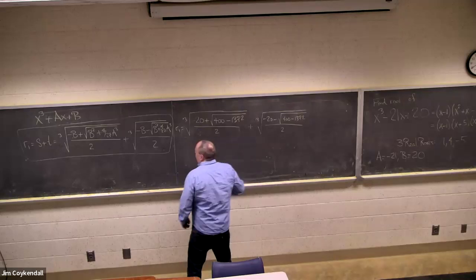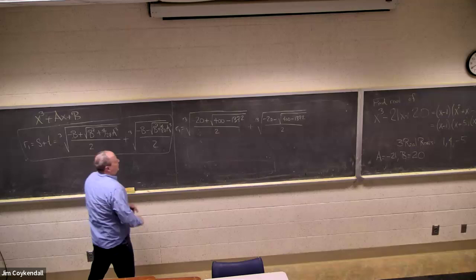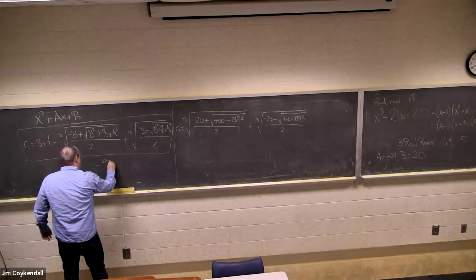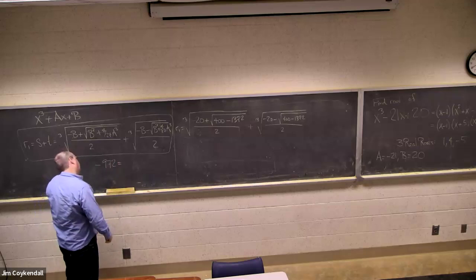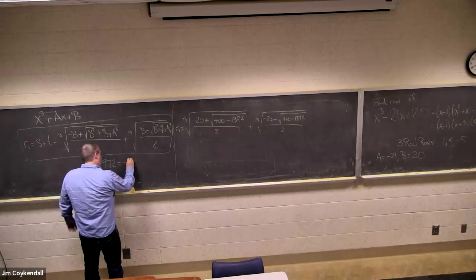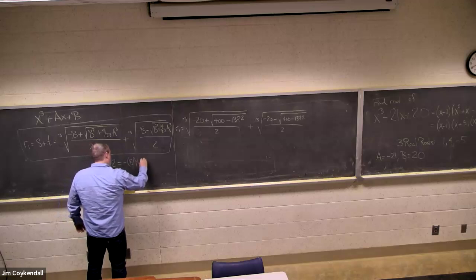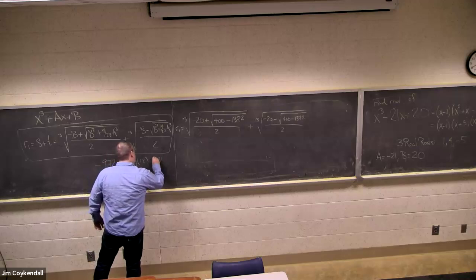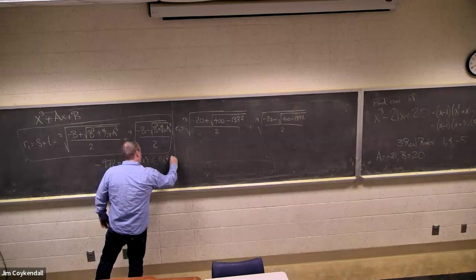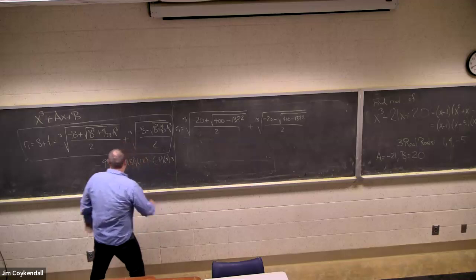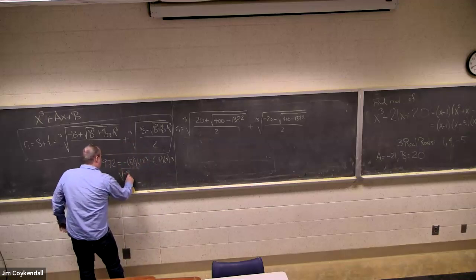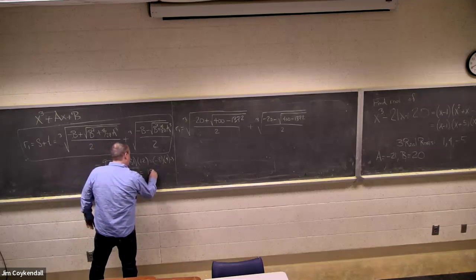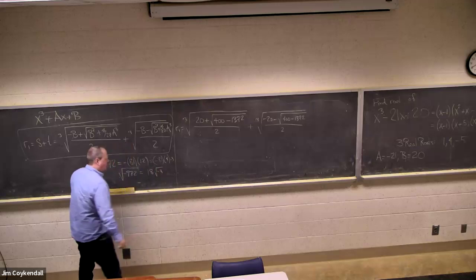But, uh-oh. What's under the square root is negative 972, which is 81 times 12, which is minus 9 squared times 4 times 3. So the square root of minus 972 is going to be 18 radical -3.